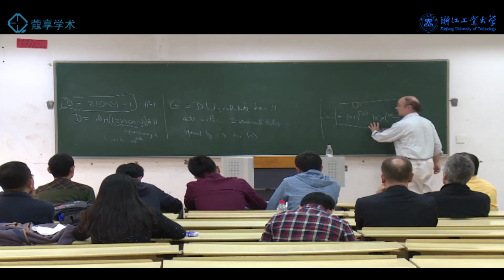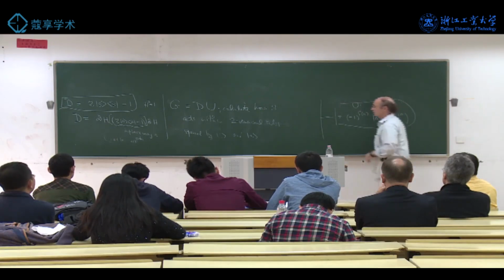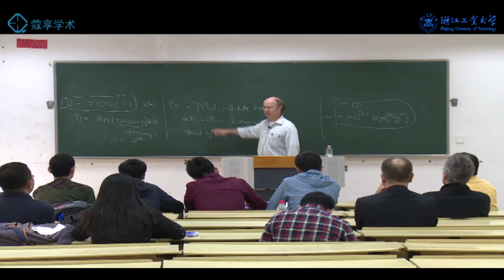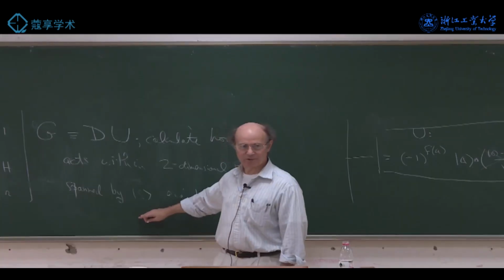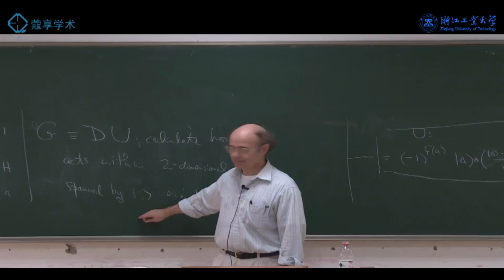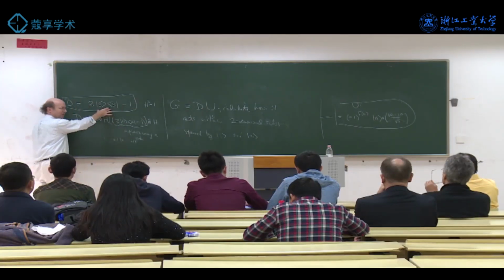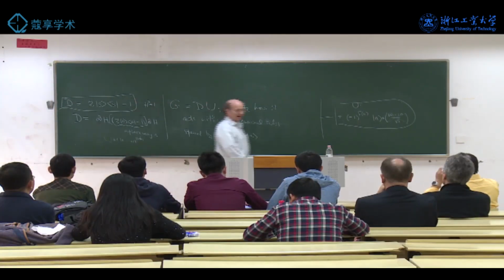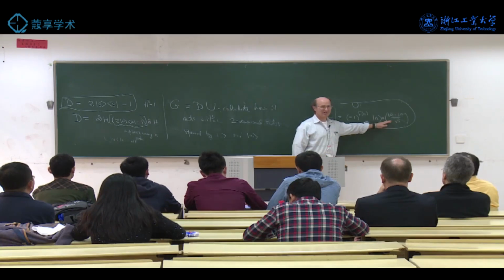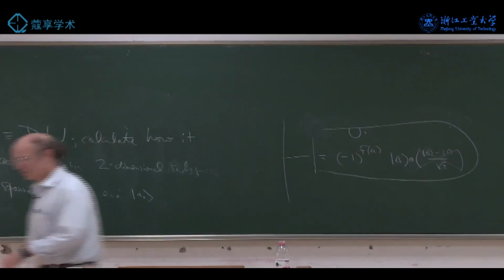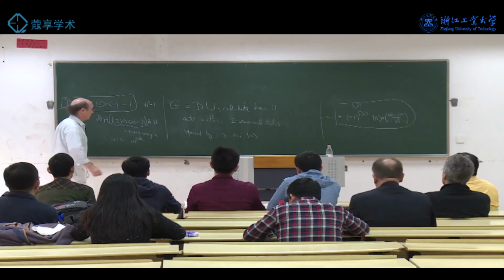Neither U nor D will take us out of this two-dimensional space once we're in it. This one is reflection around S, or reflection around A0, basically. So those are the only two directions in town.